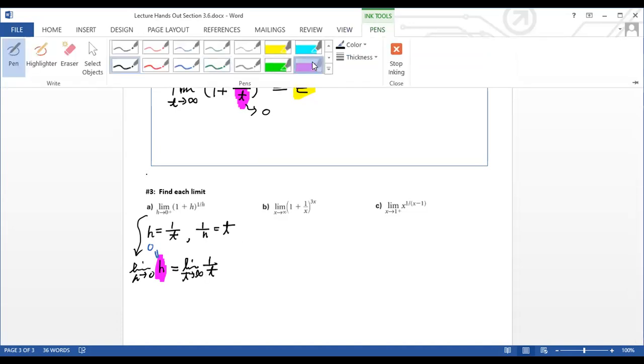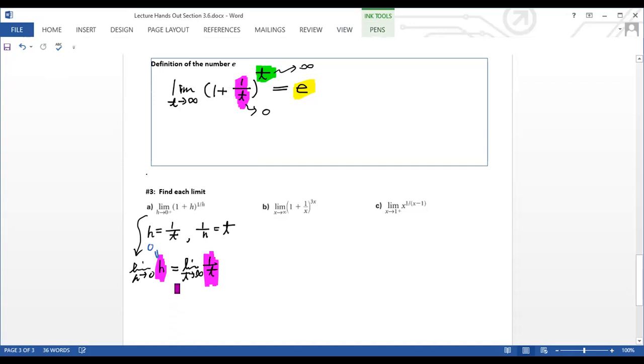Because 1 over t approaches zero here. Do you see? Okay, so that's why for these terms, we can rewrite this as the limit when h approaches 0, really will become t approaches what? Infinity. Then this is 1 plus 1 over t. Then what is 1 over h here? 1 over h is t here, right? Because we know 1 over h is equal to t.